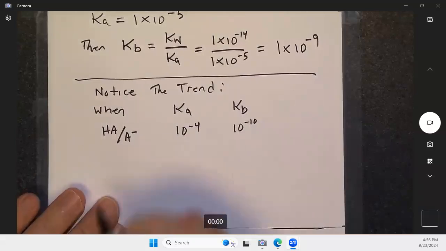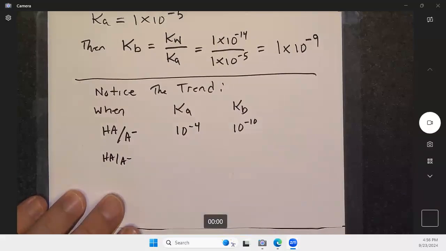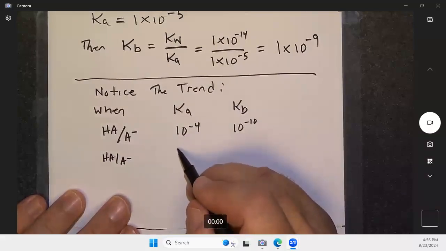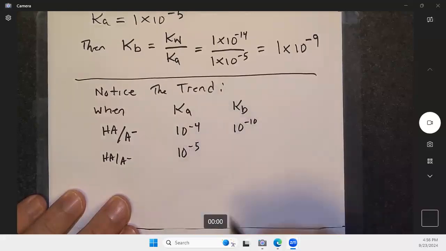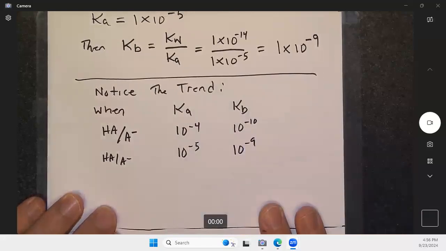And in that second example, for the conjugate acid-base pair HA and A minus, I said that Ka was 10 to the minus 5th. And when we calculated Kb, it was 10 to the minus 9.